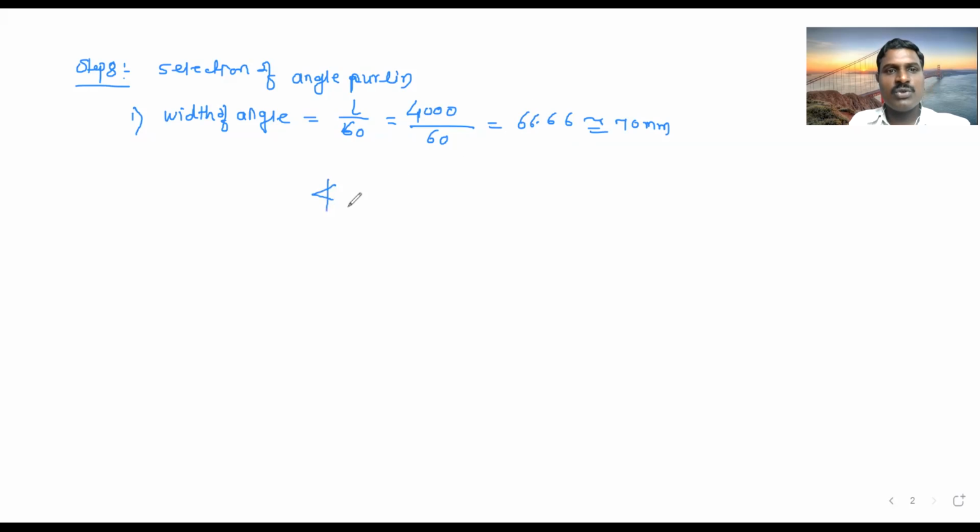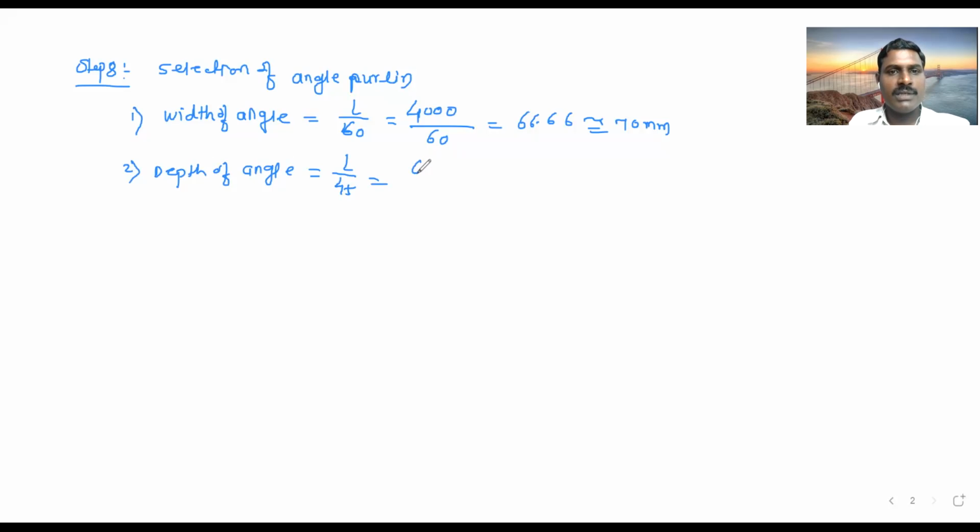Okay, this is the requirement. The meaning of this is that it should not be less than L by 60, which means it should be greater than this one. Correct? So 70 mm. Then second, depth of angle. Depth of angle is equal to L by 45.